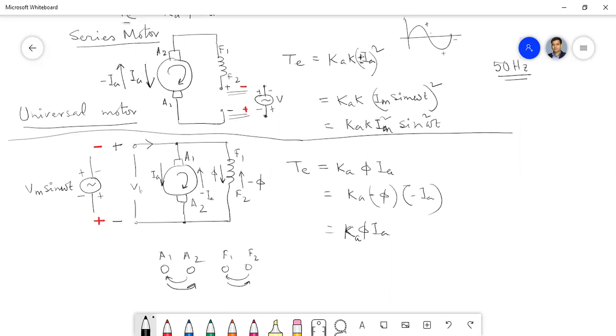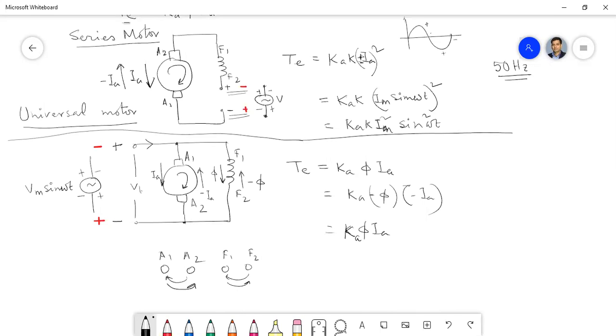So in that sense, it should rotate. Yes, because already you have told that it doesn't have any sensitivity to the supply polarity reversal. If we change the polarity, still the motor will rotate in the same direction.